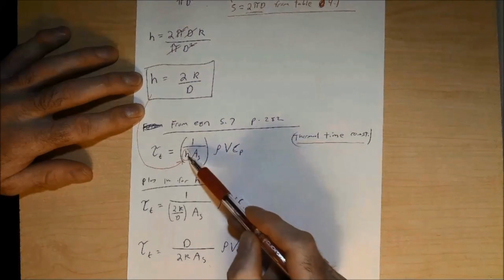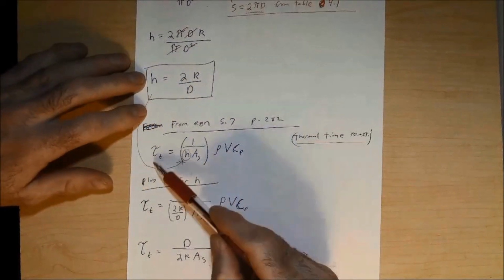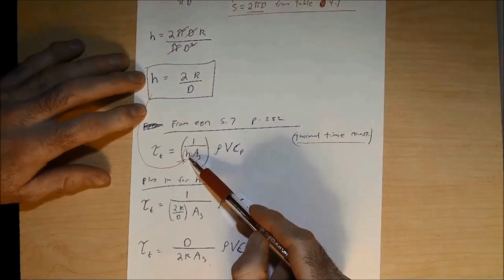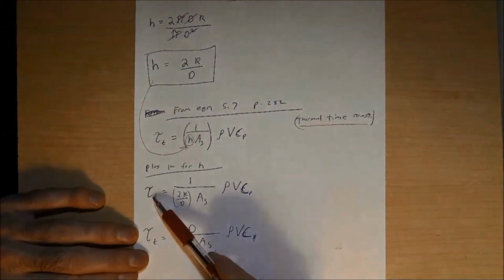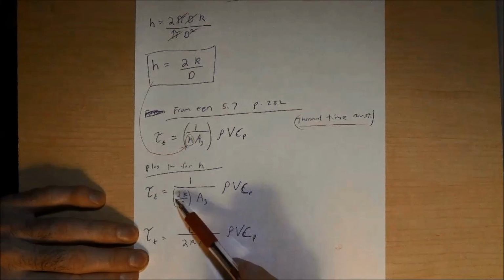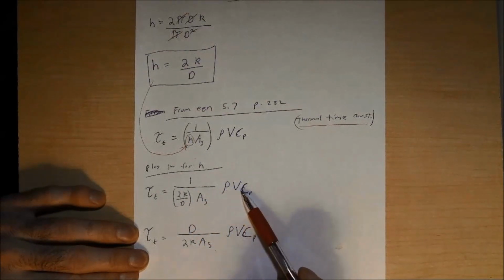So our h is what we just solved for up here, the previous part of the solution, of 2k over d. So we can plug this in to equation 5.7 for our value for h here. And when we do that, we end up with tau sub t is equal to 1 over 2k over d times A sub s times rho V c_p.